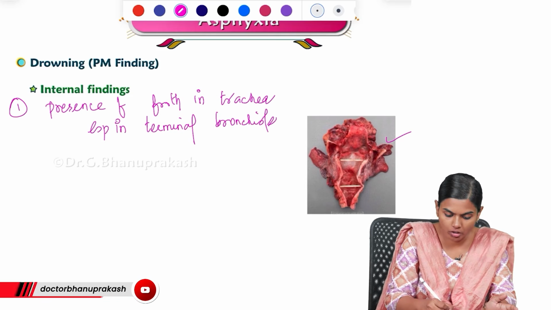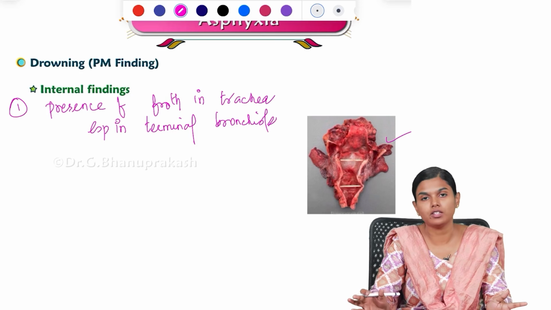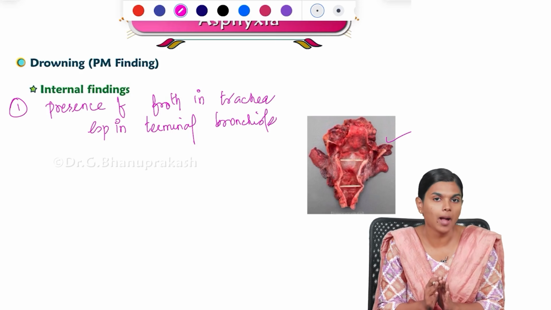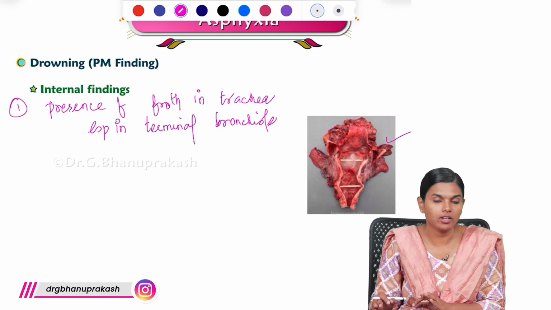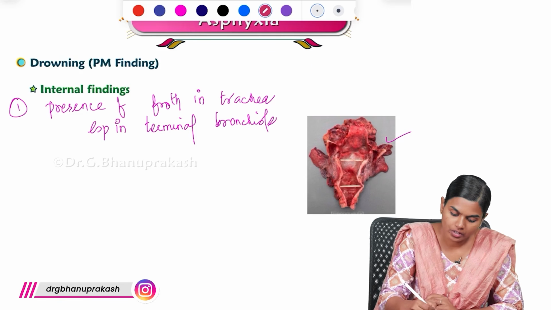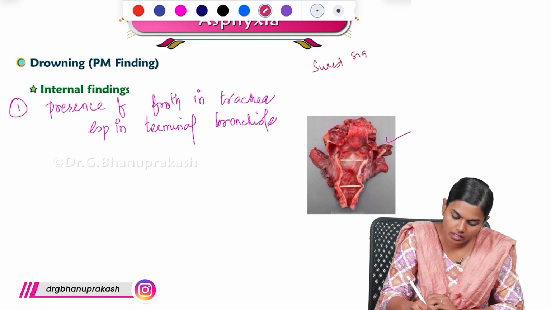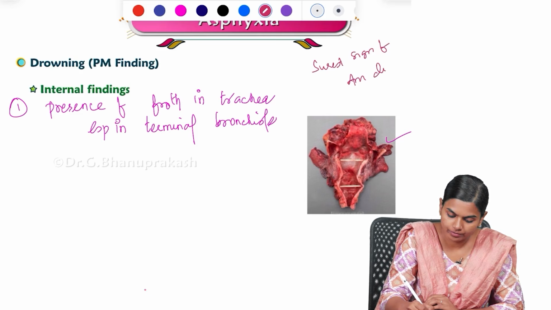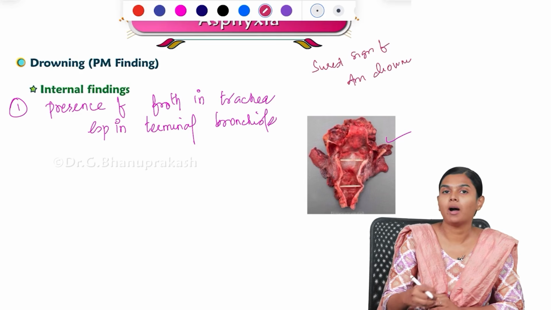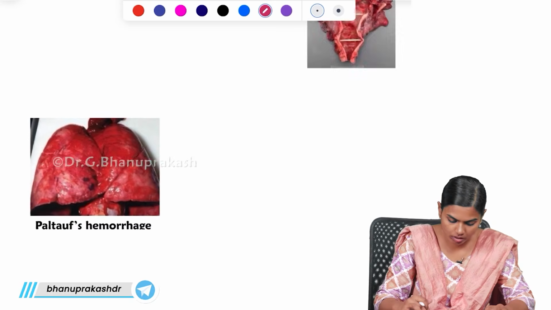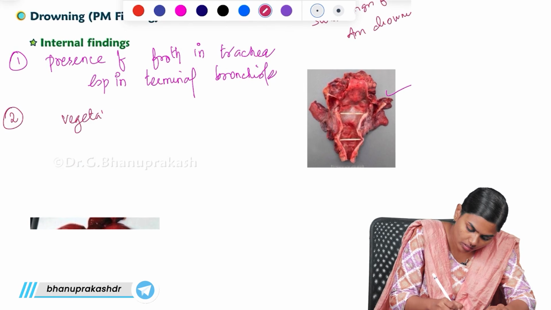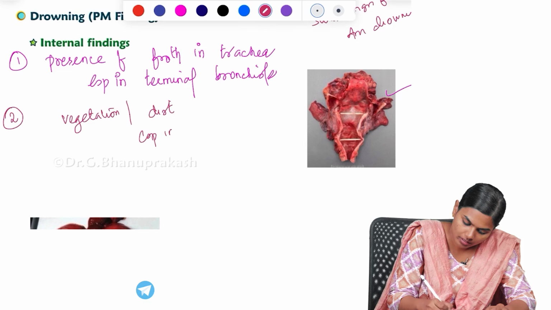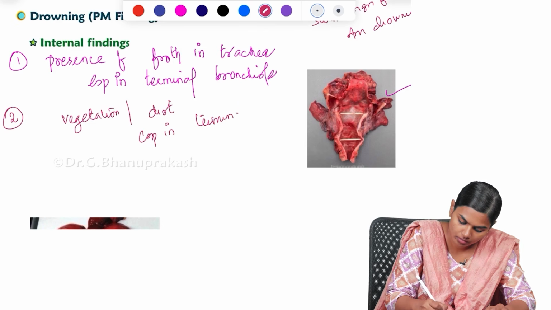If you see froth present all over the respiratory passage, even beyond the bifurcation of the trachea, inside the secondary bronchi up to the minute terminal bronchiole level, then it is also one of the surest signs of antemortem drowning. And apart from that, you can also see vegetation or dirt present in the terminal bronchiole.